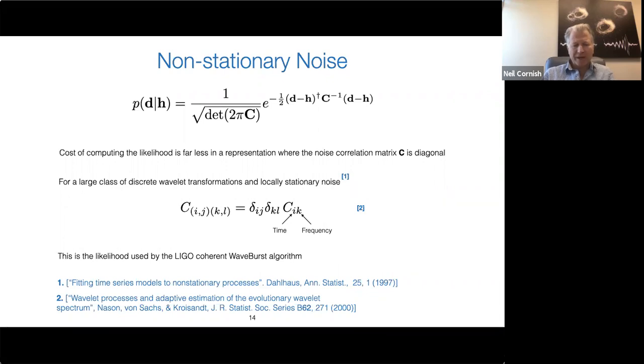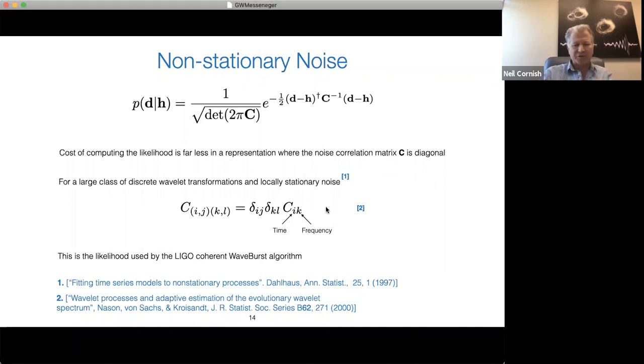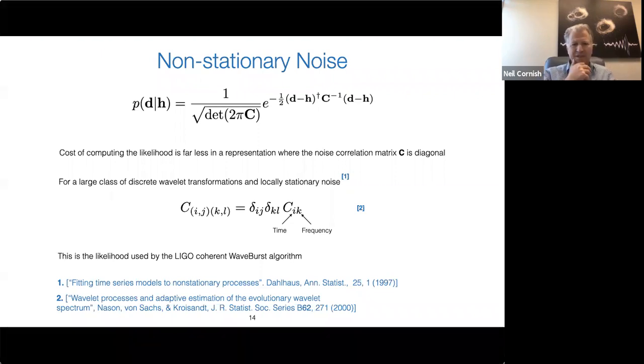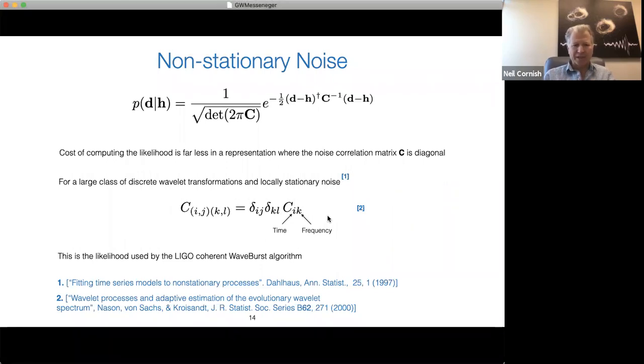A way around that is to switch to using discrete wavelets for locally stationary noise, that is noise where the noise properties are varying slowly with time. The noise correlation matrix is then diagonal in the wavelet domain, so it's very easy to calculate these inverses, which often involve millions of points. Inverting a million by a million matrix is very expensive, unless it's diagonal. So there's an advantage here in working in the wavelet domain.